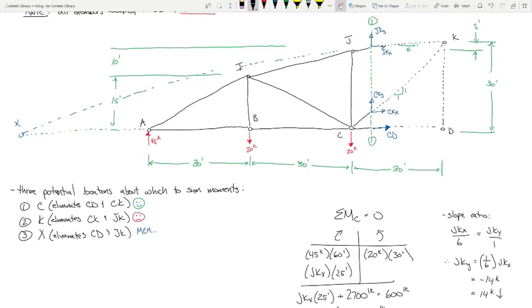Now what do I do? I got 2 more members I got to solve for. What do? Well, tell you what. Sum forces in the y direction, not the x direction, because in the x direction I still got 2 unknowns. In the y direction I've got that. Okay? So, let's handle that.